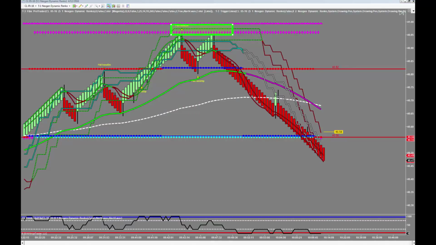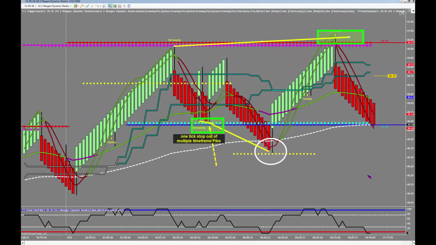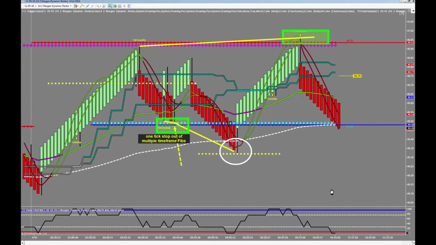Clifford, you just need one more of those, and you'll be off to the races. All right, Montreal. Can you say bingo? All right, let's go back and look at the big picture. Multiple time frame resistance at 93 down to 48.